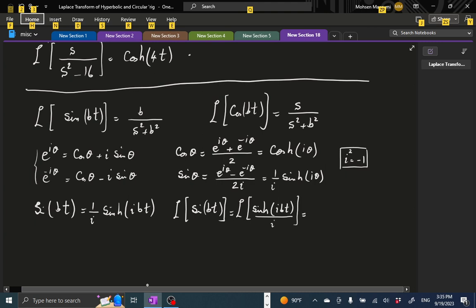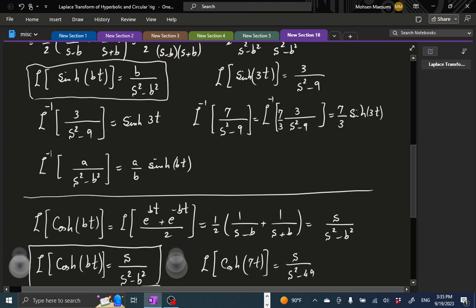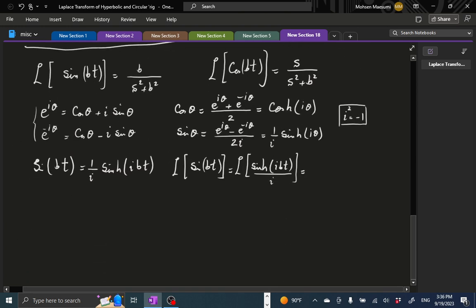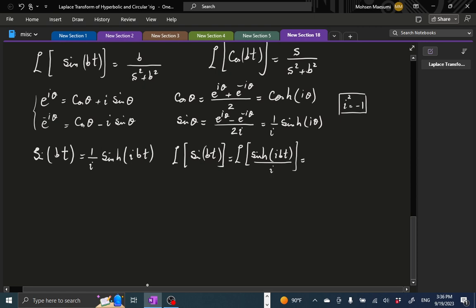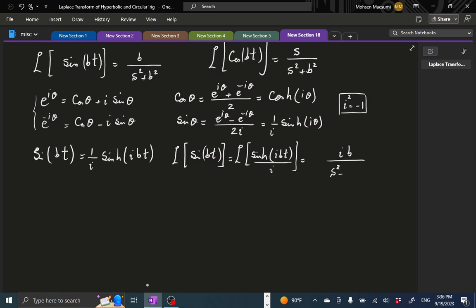Well, what was the formula for the sine hyperbolic? Let's remind ourselves. Formula for sine hyperbolic of bt was b over s squared minus b squared. Whatever the multiple is shows up here, and square of it shows up here. So let's go ahead and do that. Whatever the multiple is shows up in the numerator, and then s squared minus (ib) squared shows up in the denominator, and then we have a factor of 1 over i.